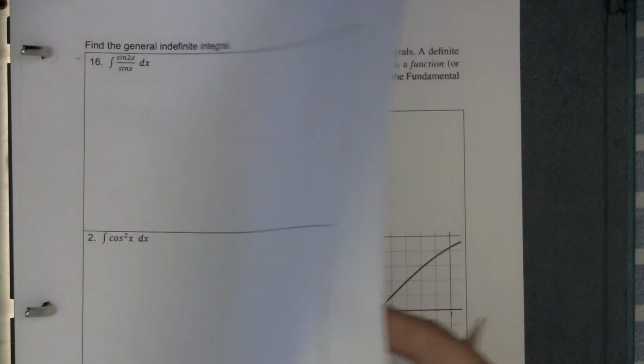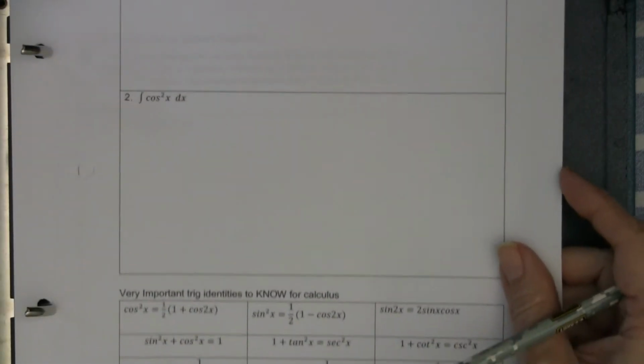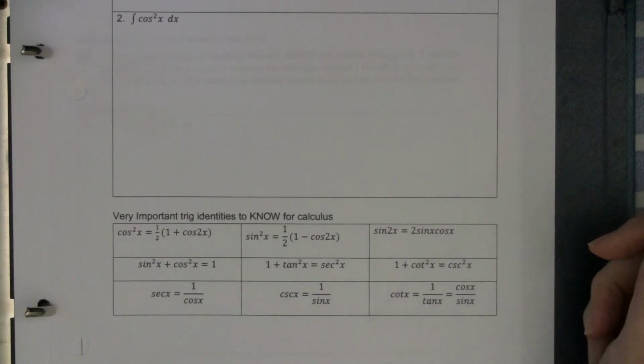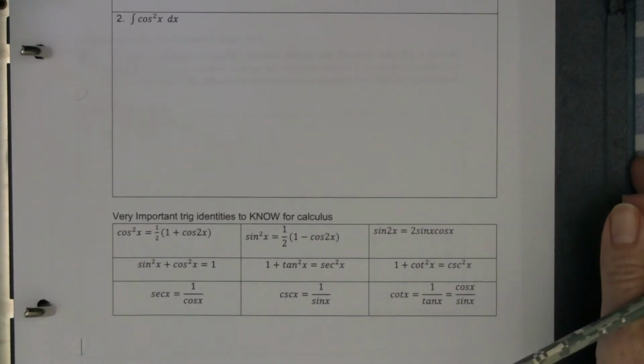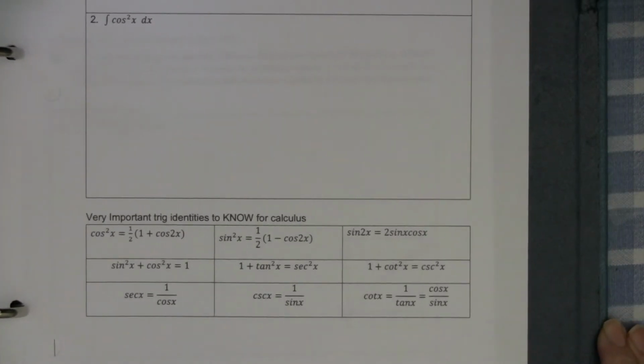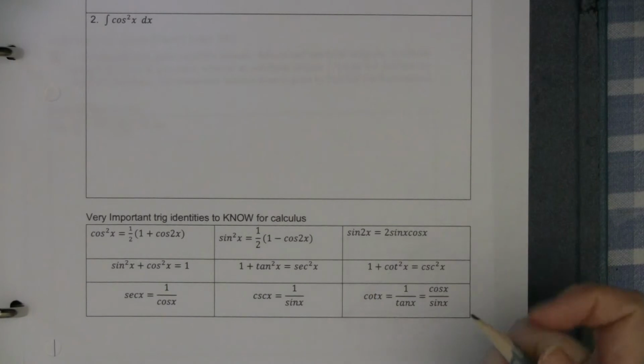At the bottom of the page, this one is light trig substitution, is what I call it. You'll know what light trig substitution is when you get to Math 6B and you see some pretty hard trig substitution.